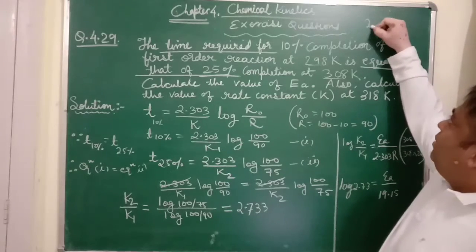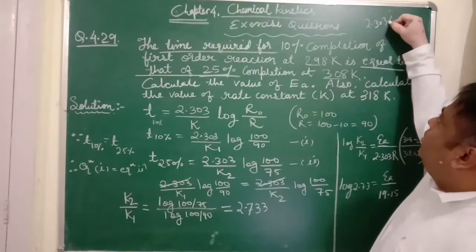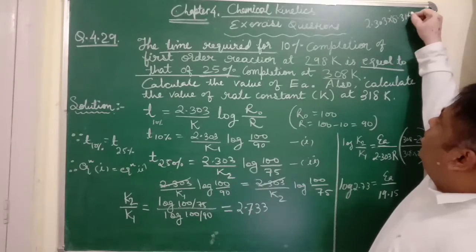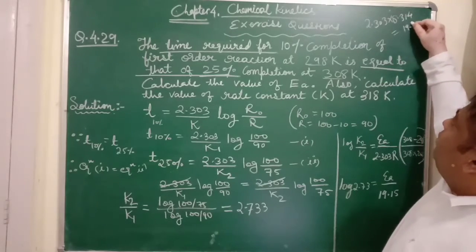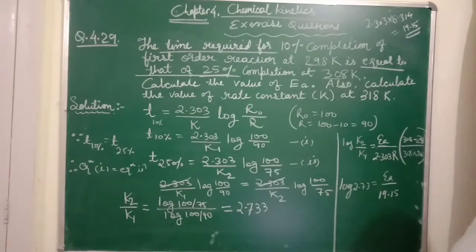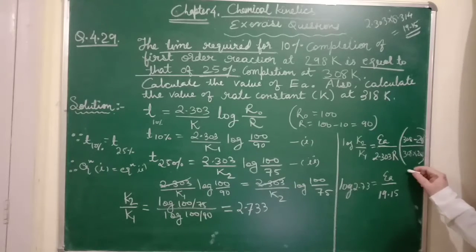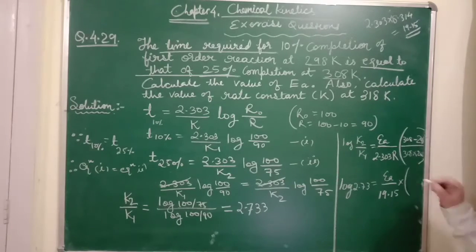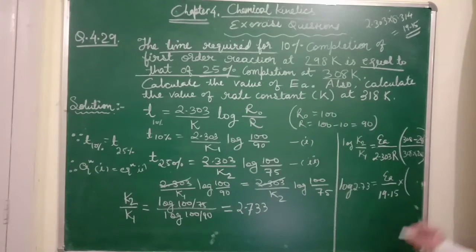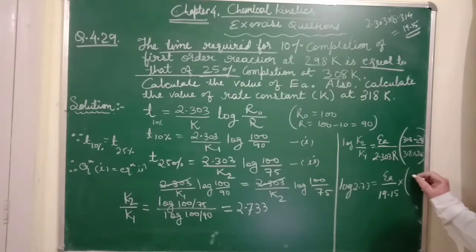I am again repeating that this value, you can keep it in mind, will come again and again. So this will become 10 by 308 into 298.